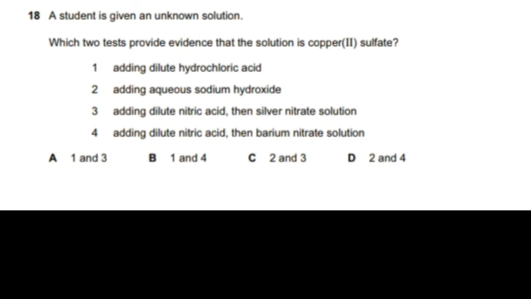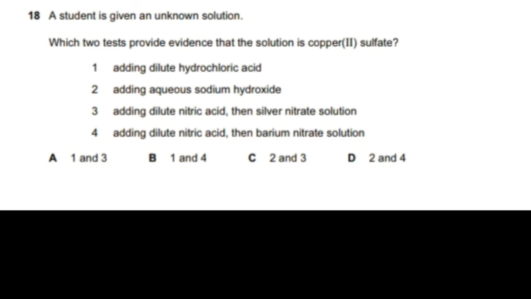Addition of dilute sulfuric acid, it is not. Second one, adding aqueous sodium hydroxide. When you add aqueous sodium hydroxide to a solution which contains Cu2+, it gives a blue precipitate. So it is a correct statement.